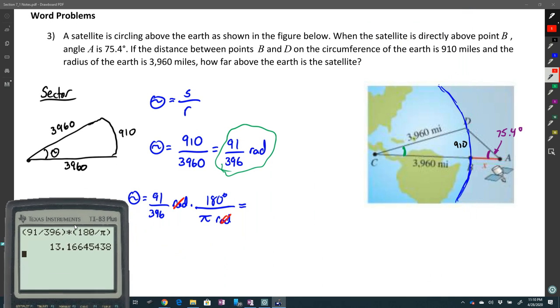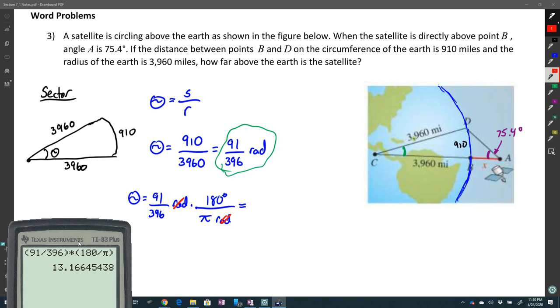And we get 13 point, let's do 2 decimal places, 13.17 degrees. Actually, since they gave me 1 decimal place here, I'll use 1 decimal place. Let's do 13.2. 13.2 degrees. So if this is 13.2 degrees and this is 75.4 degrees, I now know how much this angle has to be.